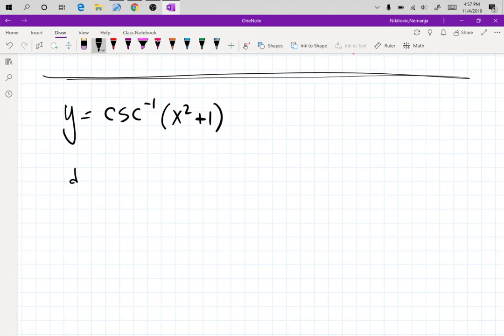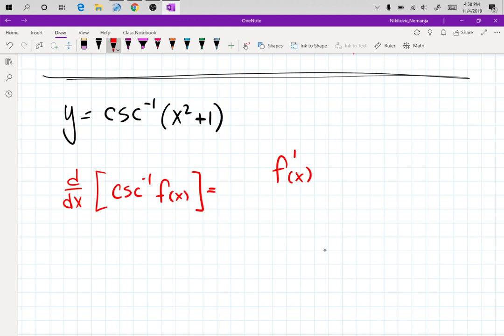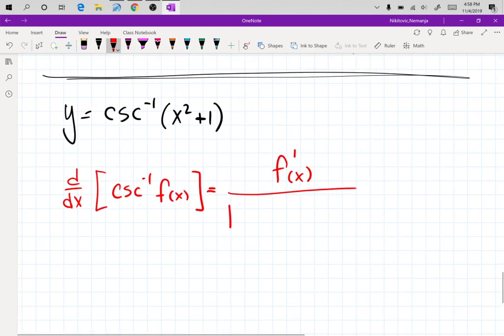The derivative formula for cosecant inverse of some function is going to be f prime of x divided by the absolute value of f of x times the square root of f of x squared minus 1.